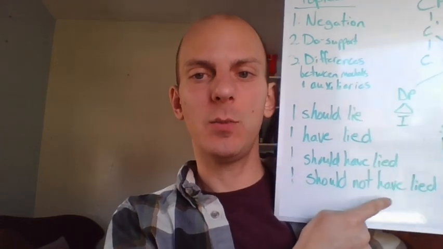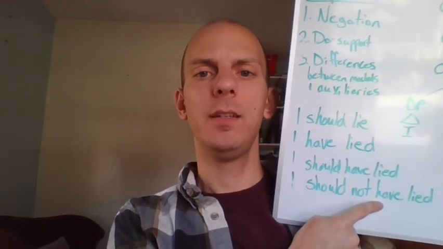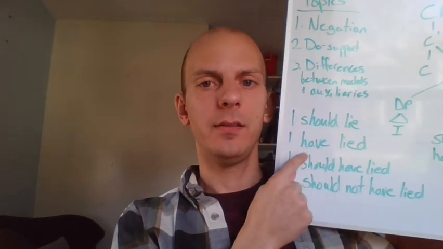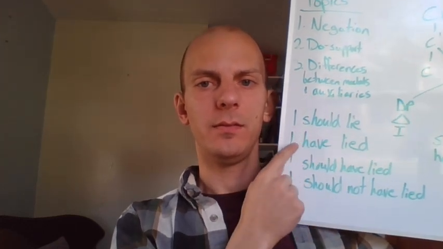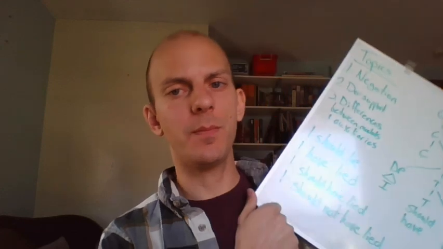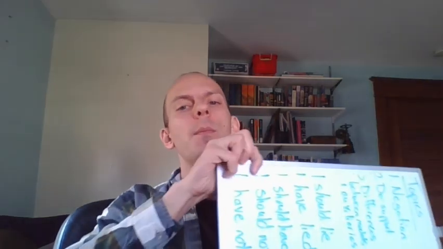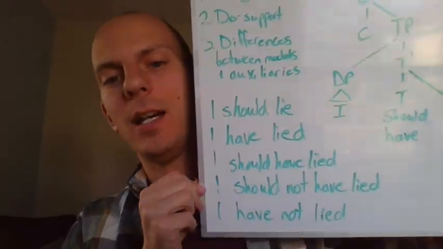Have, on the other hand, is more interesting. I missed something in my paradigm here that I'll add in now. Have often appears above negation. We did see this. I drew the tree example, I just didn't write the example on the board here. For I have not lied.